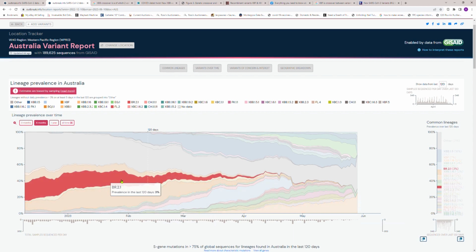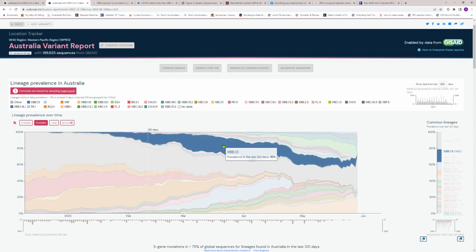But I just wanted to point out that we had all these other variants before, like this was also a variant of concern in its own right at one time, BR.2.1.